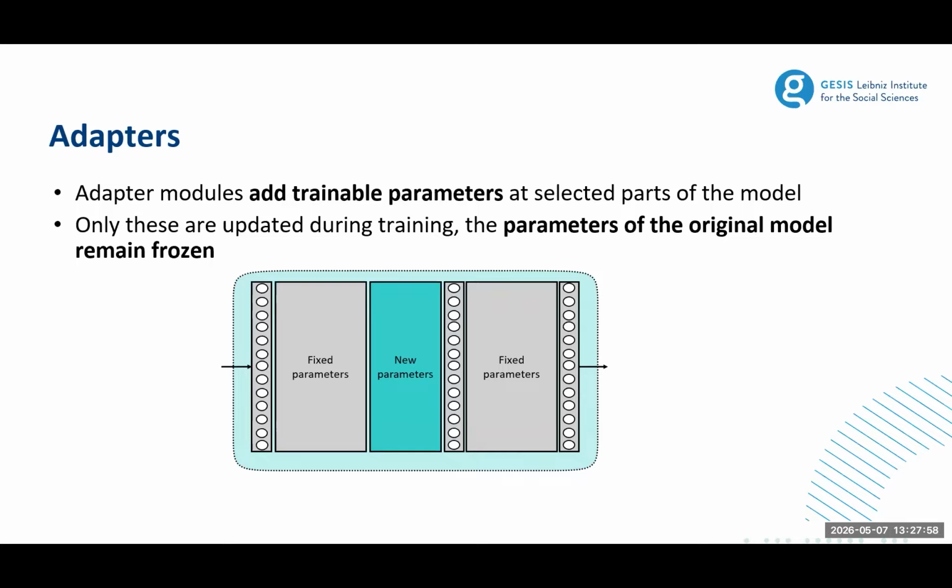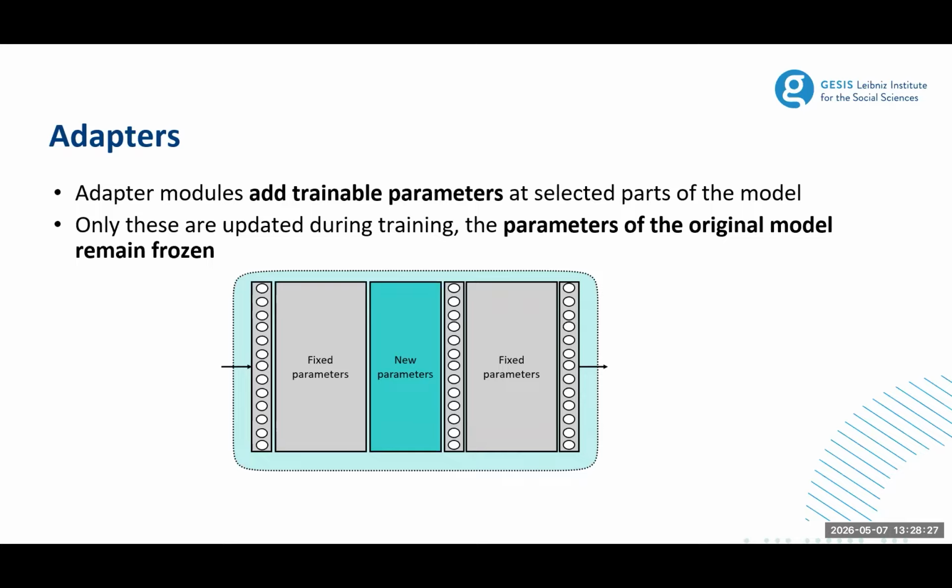And you can see this in this draft picture. The gray parts, this is the original model. This is just a screenshot of some layers within the model. And you see that the original model parameters are fixed, they are not updated. And then you insert some new parameters, here in blue, and only those are getting updated.